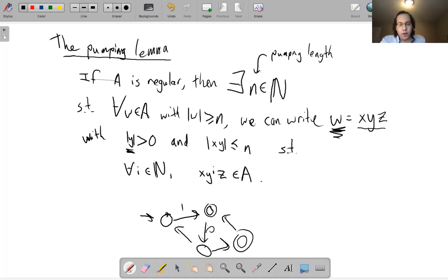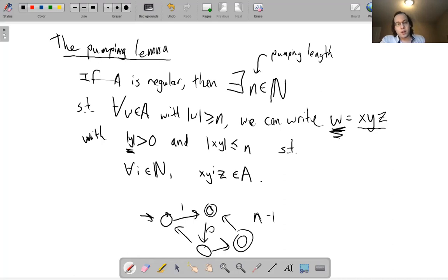That means if you take a string w of length at least n, where n is the number of states, then some state must have been visited twice, just by the pigeonhole principle. In fact, it's true even if you had n states, because you start at one state, visit n others, and you must visit some state at least twice.